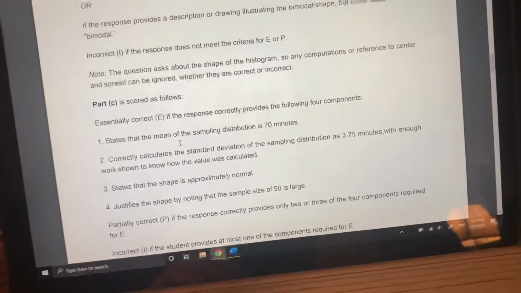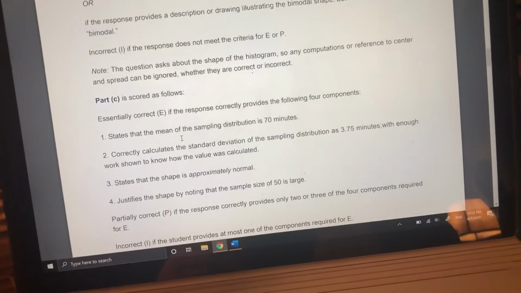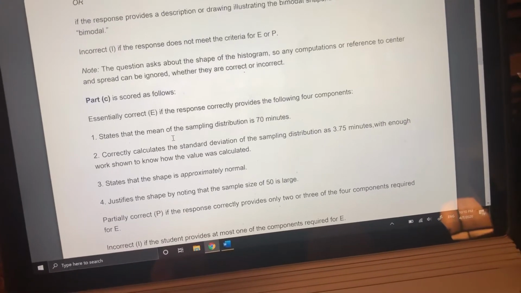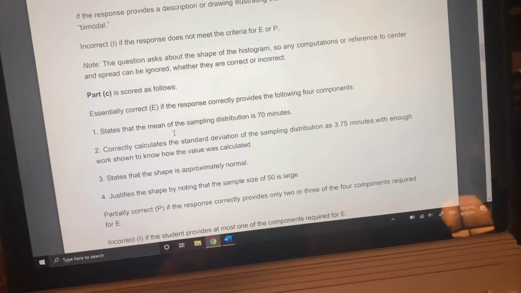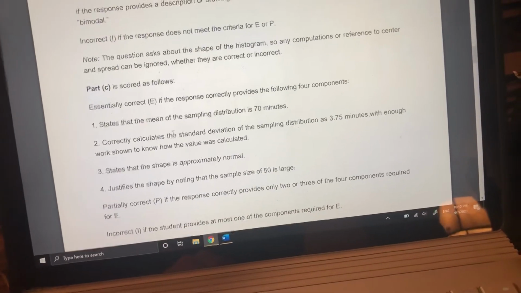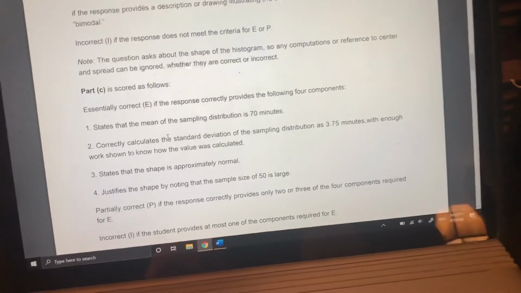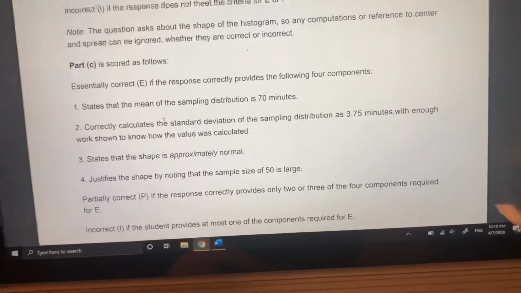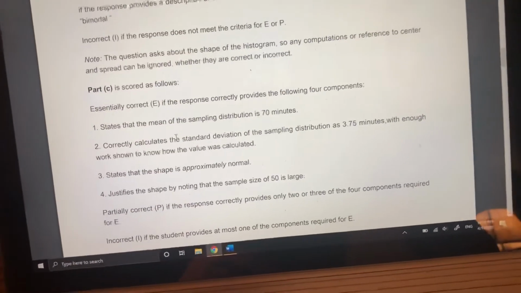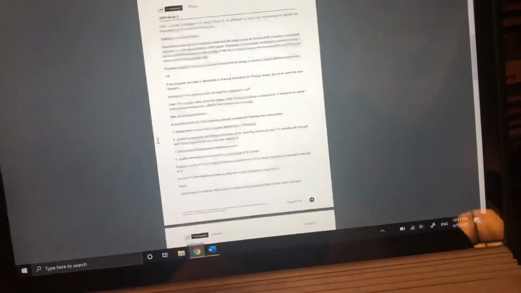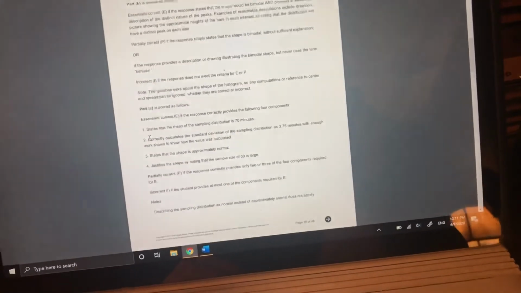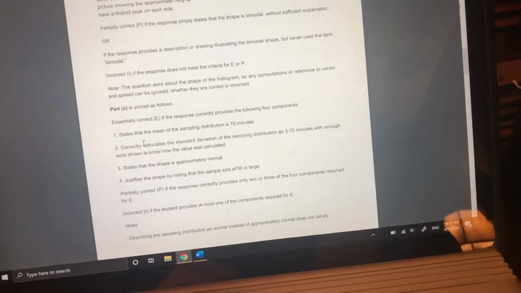I correctly calculated the standard deviation to be 3.75 minutes with enough work shown. I stated that the shape is approximately normal, and I justified the shape by noting that the sample size of 50 is large. So I would have earned an E on all 3 parts.